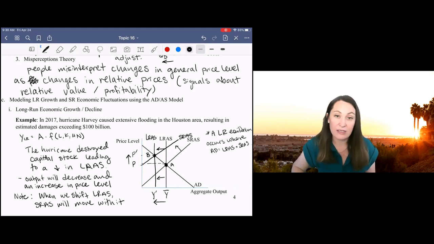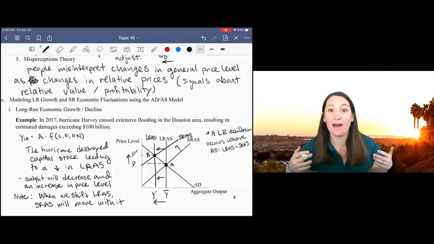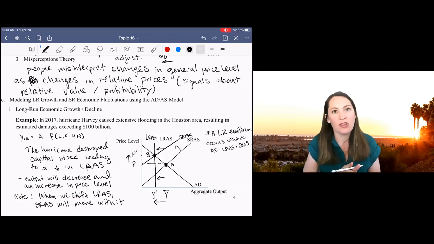Okay, good. Now, this is an example of economic decline due to some event that affected our real productive capacity. We can also use this model to think about economic growth, right? Like say we invented a new technology, that's going to shift the long run aggregate supply curve outward. We're going to get more output and lower price levels when we have economic growth in the long term.